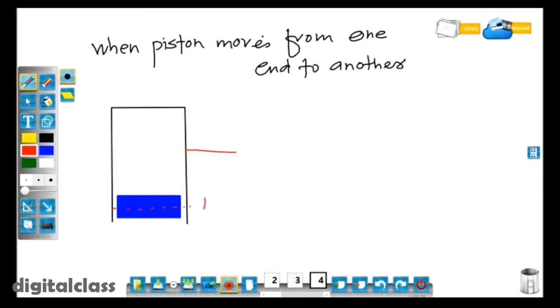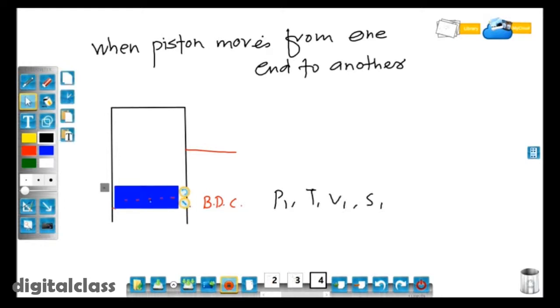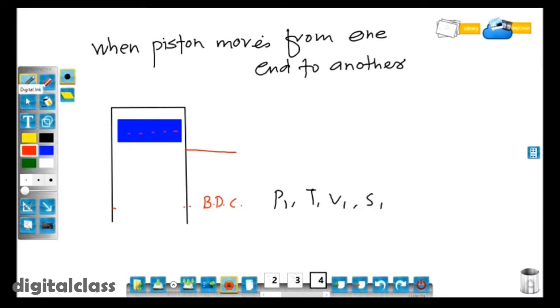What will happen when the piston changes its position? Here at BDC, pressure, temperature, volume and entropy are P1, T1, V1 and S1. At TDC, they are P2, V2, T2 and S2. These are the properties.